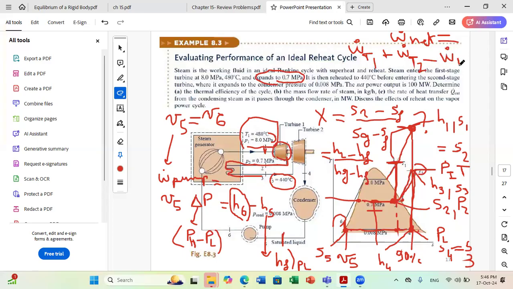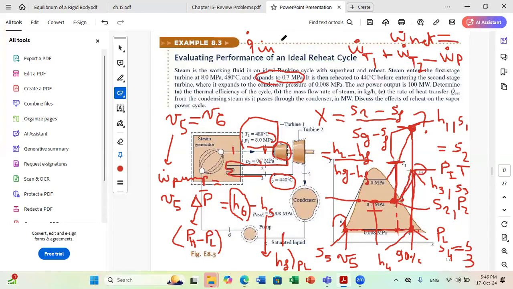And for Q dot N, I should divide it into two parts because I am heating in two stages. From 6 to 1, I have the first heating process, and then from 2 to 3.